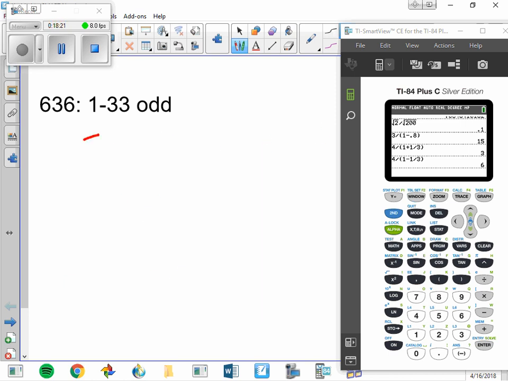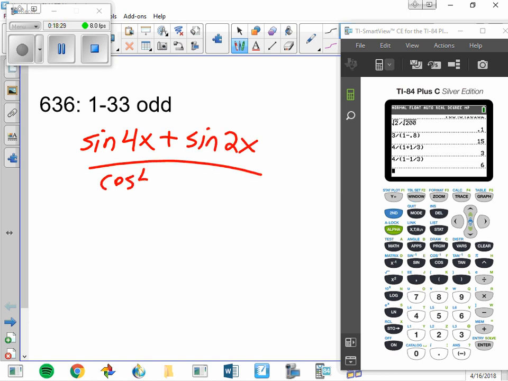Number 30 says the sine of 4x plus the sine of 2x over the cosine of 4x minus the cosine of 2x. Are we going to use product to sum or sum to product? We're going to use sum to product because we have sums. Okay, let's focus on the top. Which formula do I use to simplify the top?